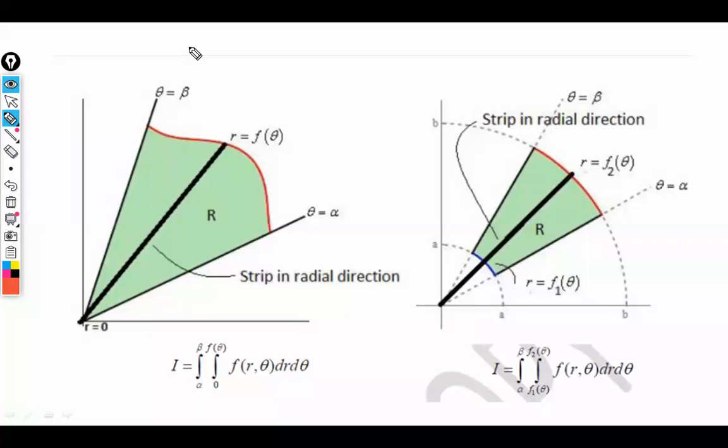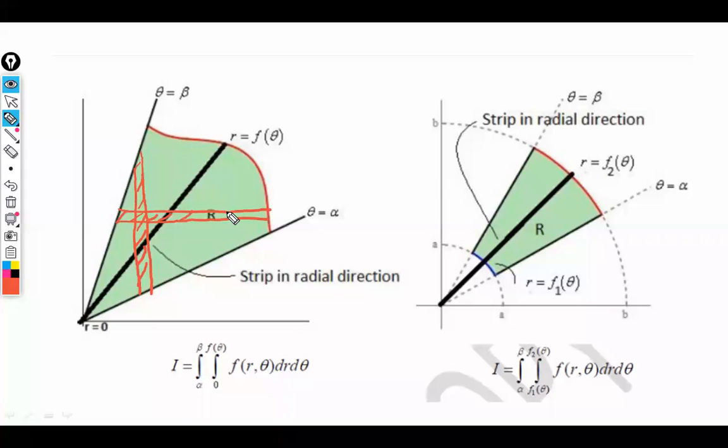We are here in type 4 of double integration. Type 4 is nothing but evaluating the double integral in polar form. There is a small difference between the concept of a strip in Cartesian and polar. Whatever region we have in Cartesian form, we generally take a vertical strip in the region, or we take a horizontal strip.